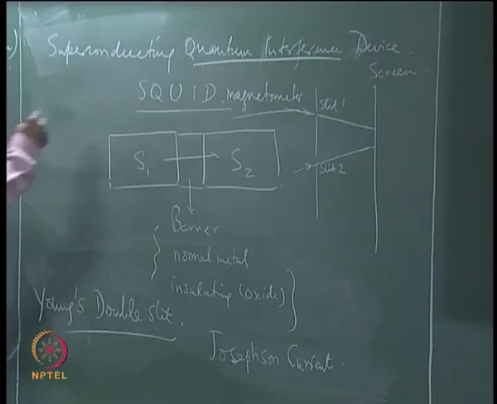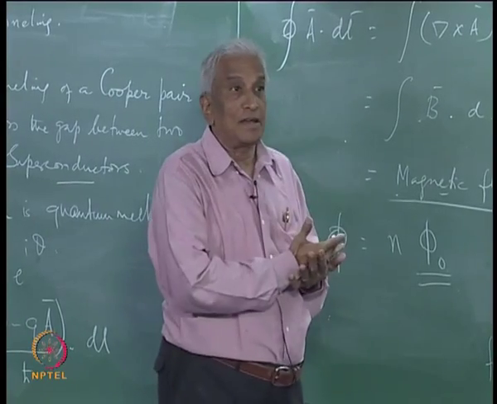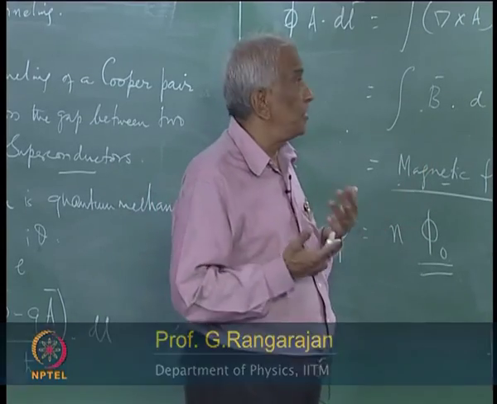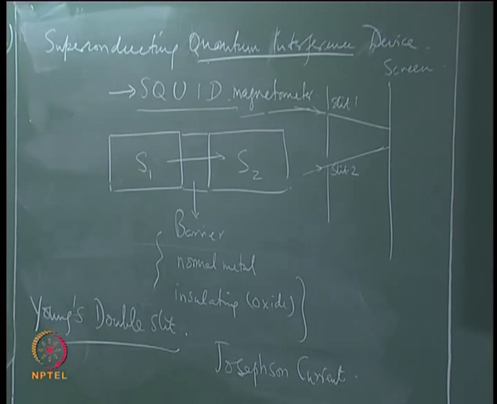So, this gives you a very sensitive method for measuring magnetic flux, and this is a very important fact, because the entire gamut of measuring instruments such as a voltmeter, an ammeter and so on, in electrical measuring instruments, are all based on the measurement of magnetic flux due to a current. The magnetic effect of a current produces this magnetic flux change, and a sensitive magnetometer means an equally sensitive ammeter or a voltmeter and so on.